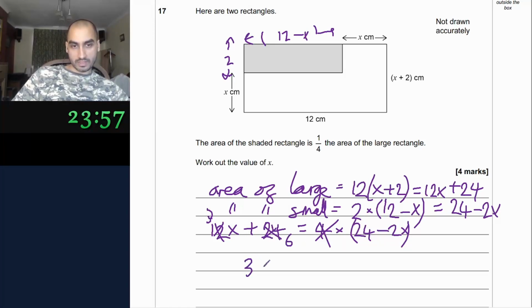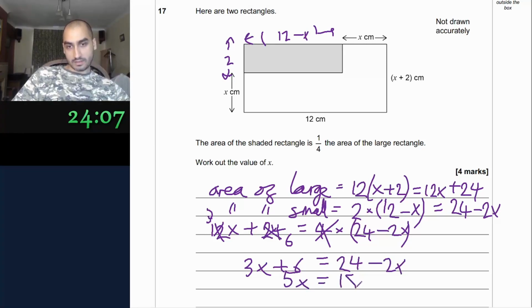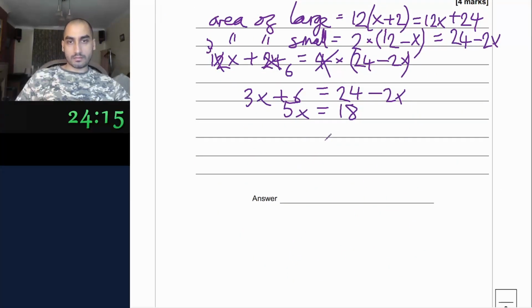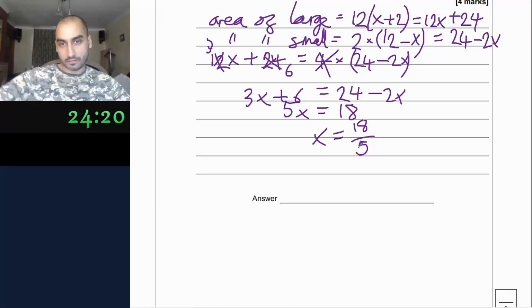So 3x plus 6 equals 24 minus 2x. So 5x equals 18. x equals 18 over 5.